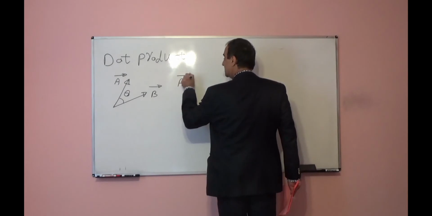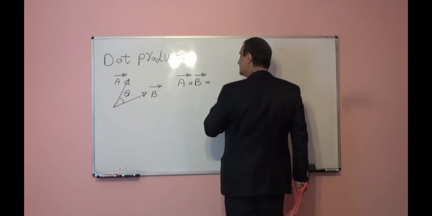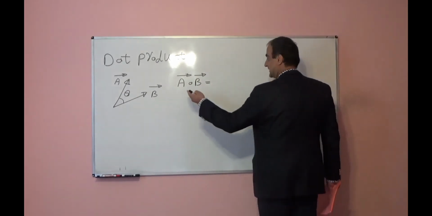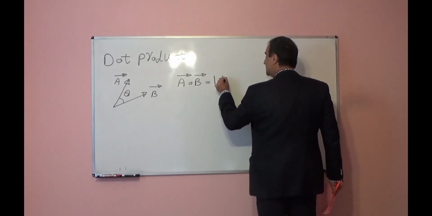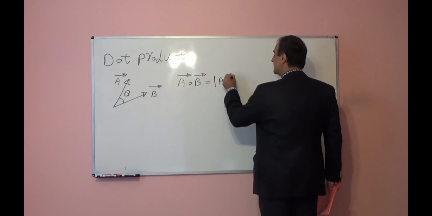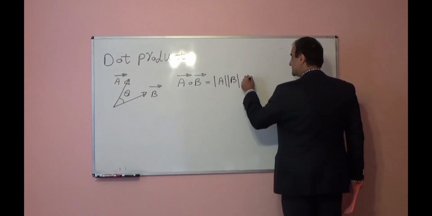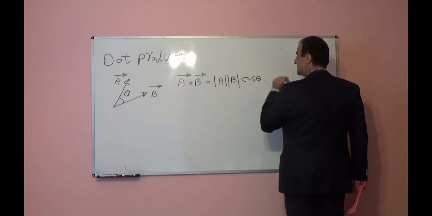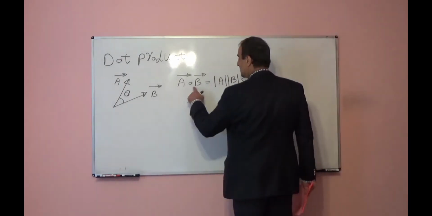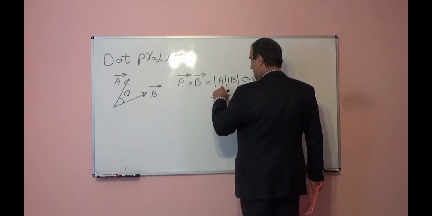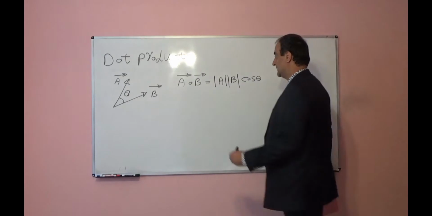A dot B is equal to, we define it this way, the magnitude of vector A times the magnitude of vector B times the cosine of the angle between these two vectors. So A dot B is equal to magnitude of A times magnitude of B times cosine theta.